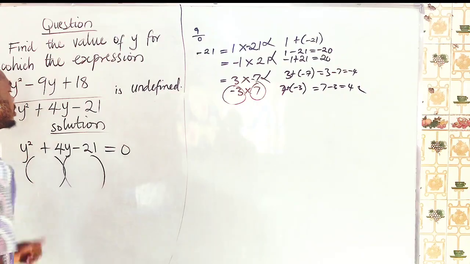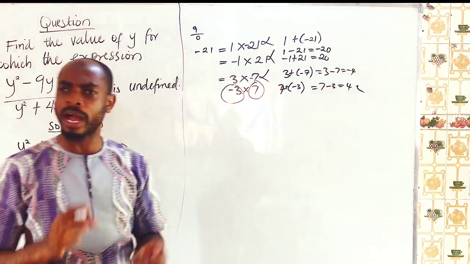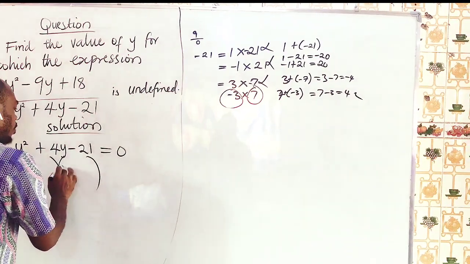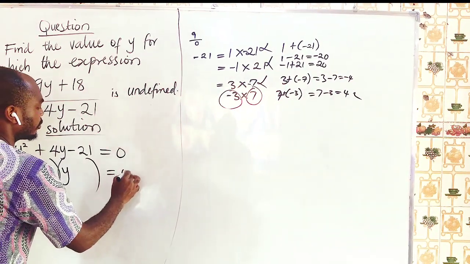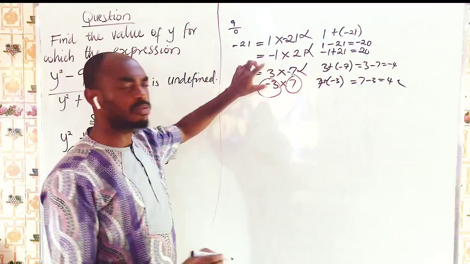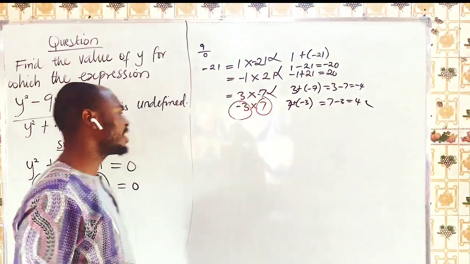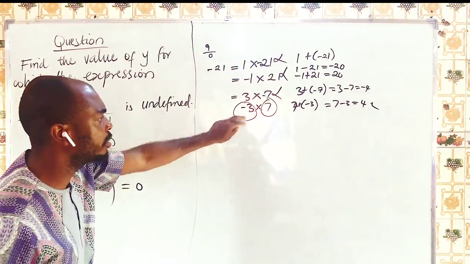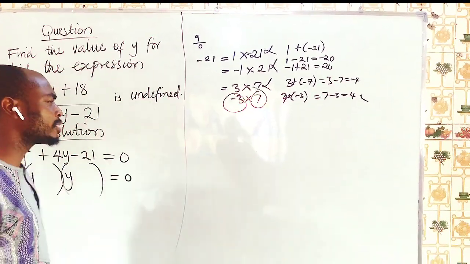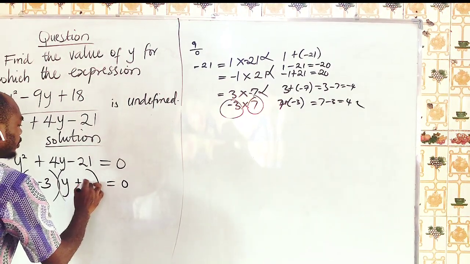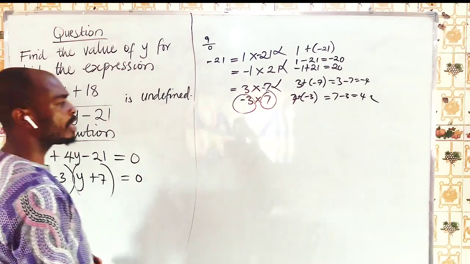Open your brackets. Since the variable we are working with is y, I will put y here and y here. The two numbers we found are negative 3 and positive 7. So we put negative 3 and positive 7. We have factorized it.